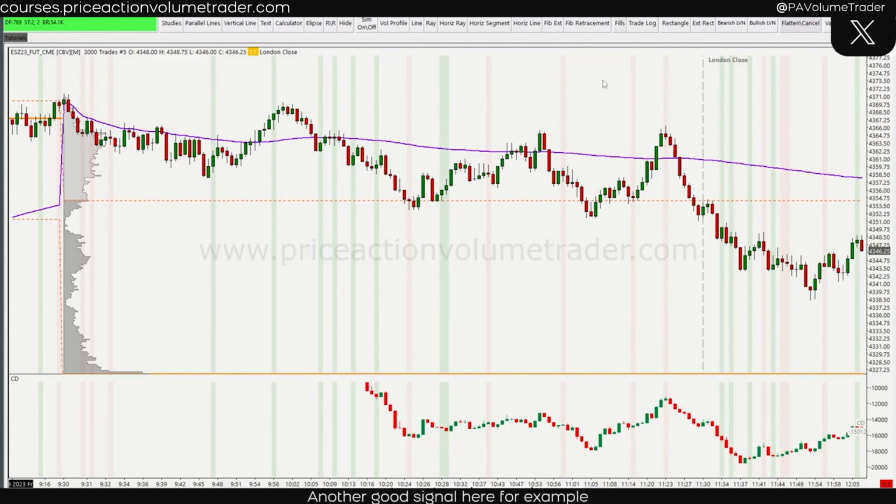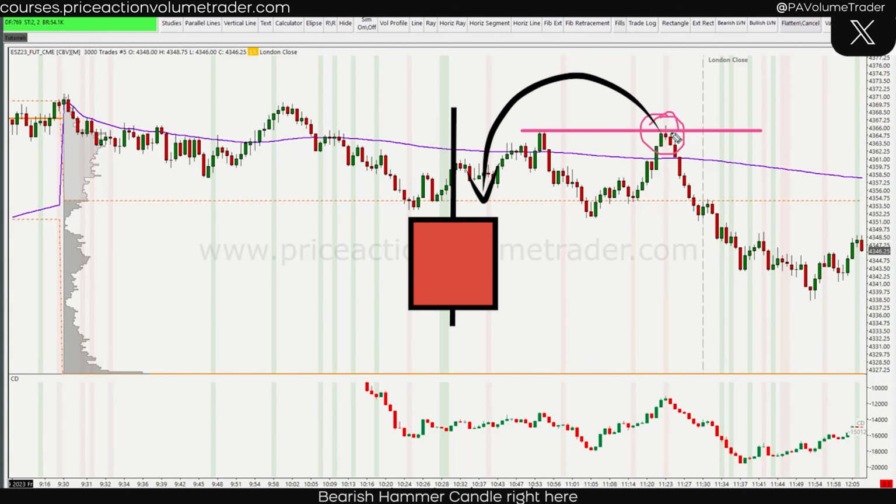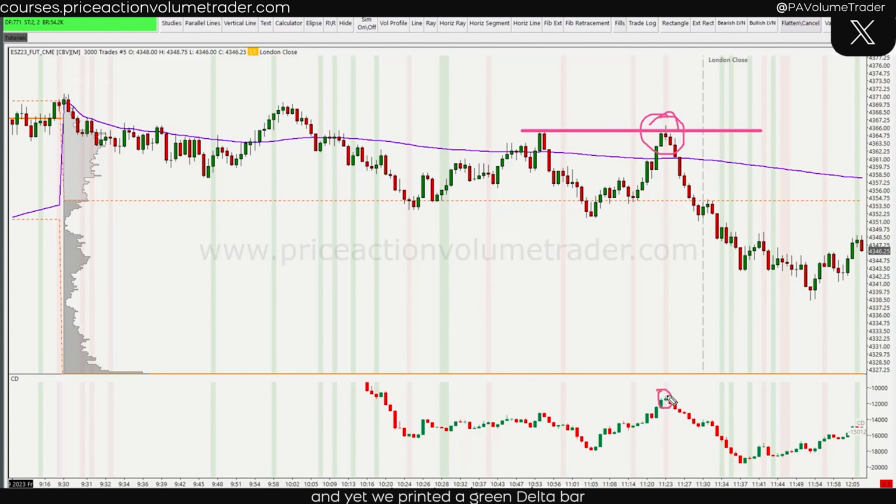Another good signal here, for example, we have this swing high right here. We just popped over this liquidity or this swing high and closed down below, and you can see we had a bearish hammer candle right here, and yet we printed a green delta bar right here.